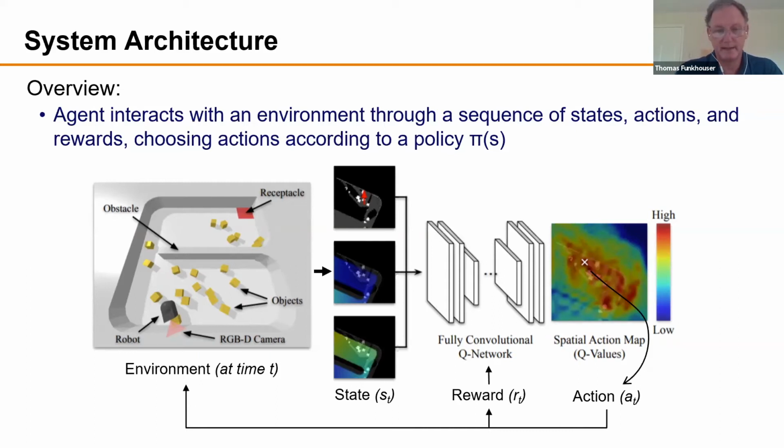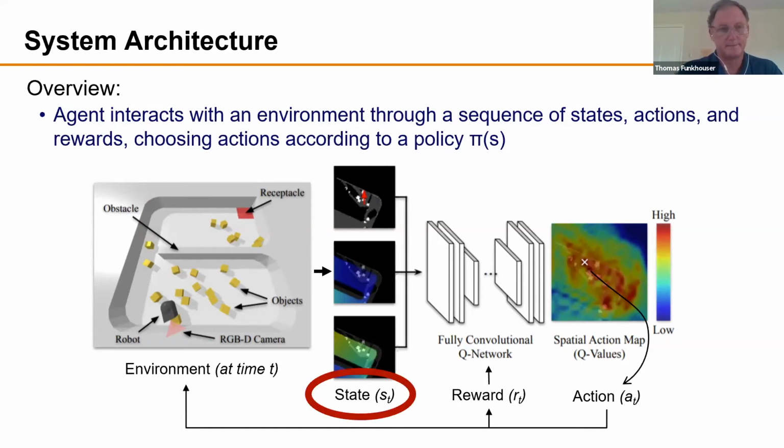We're going to build a state that represents that environment, run it through a fully convolutional network to produce our spatial action maps, pick the action shown by the white cross here that has the highest Q value, and then apply that action. We're going to iterate through that. In the next few slides, I'm going to describe each of the state, action, and reward in more detail.